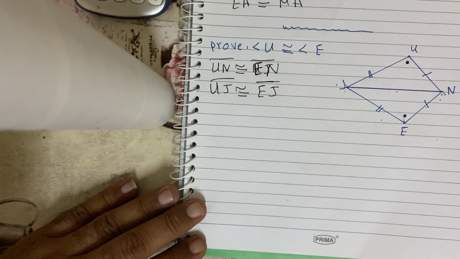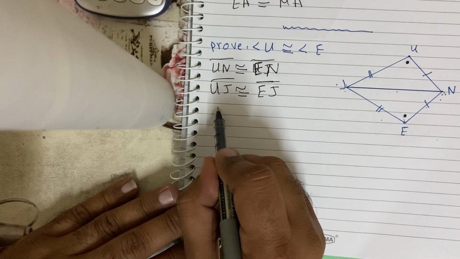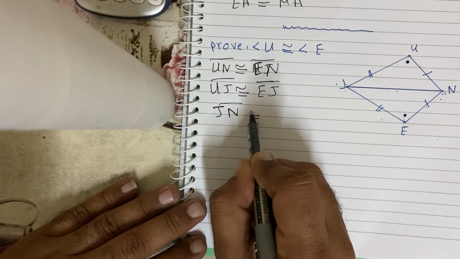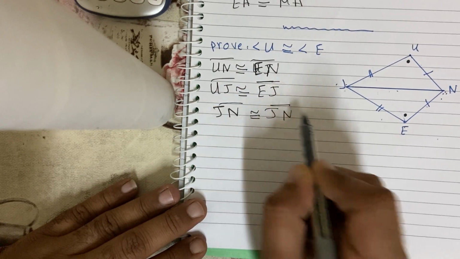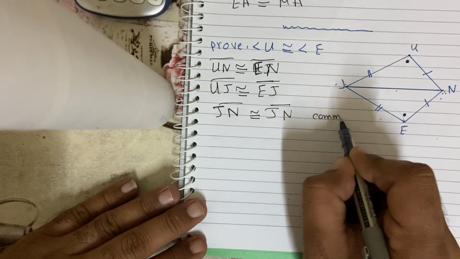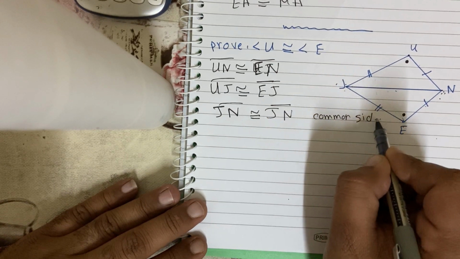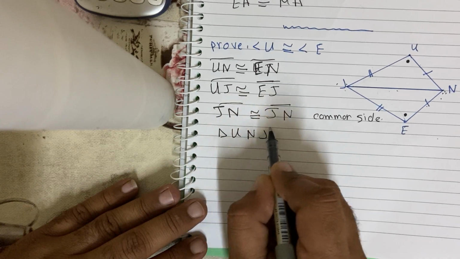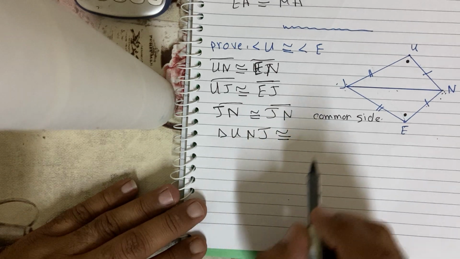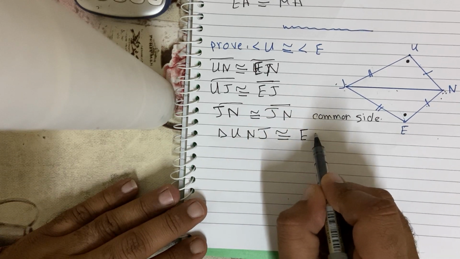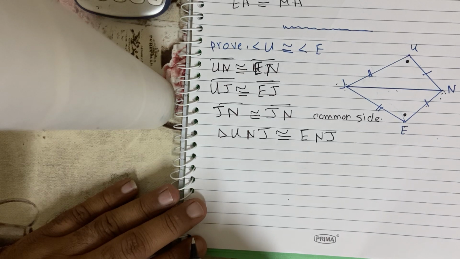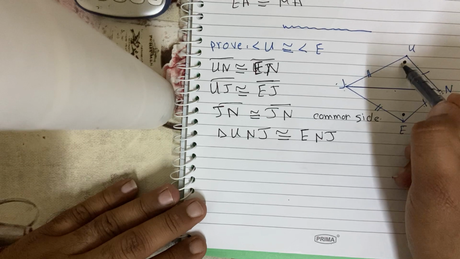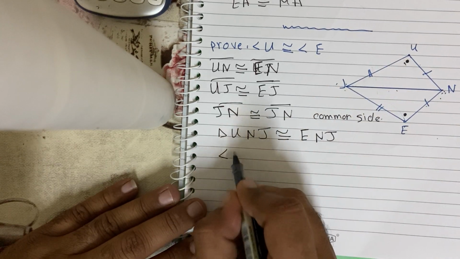What about the third condition? The third condition is JN is congruent to JN, and this is called common side. So triangle UNJ is congruent to triangle ENJ. And from congruency, we are going to conclude that angle U is congruent to angle E.